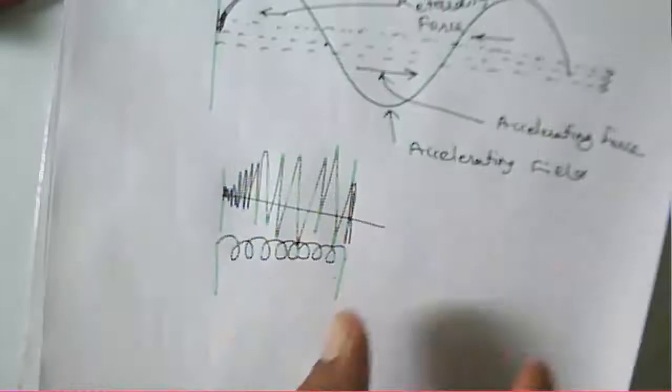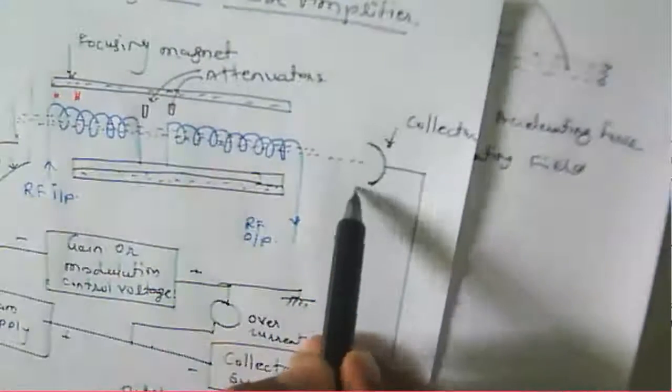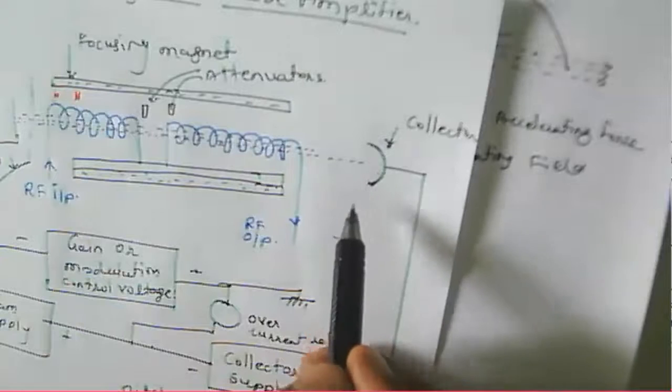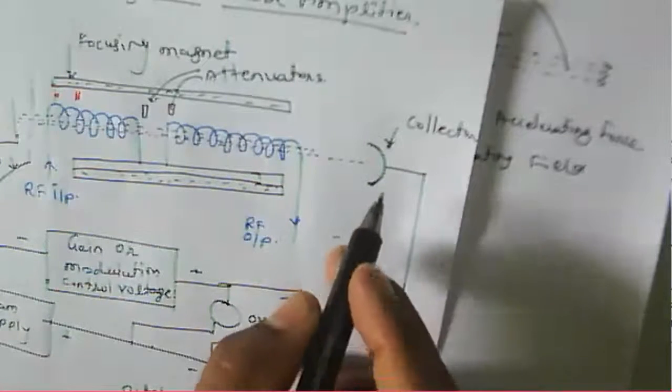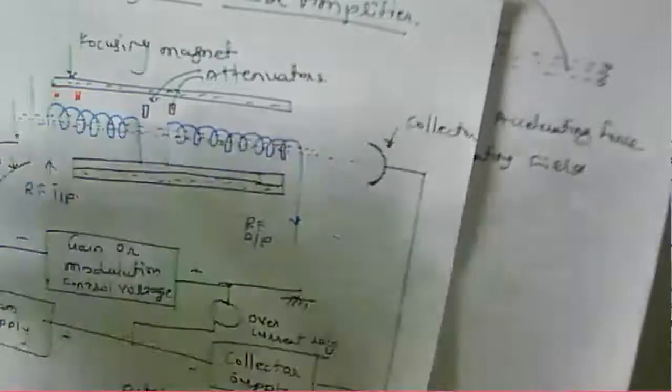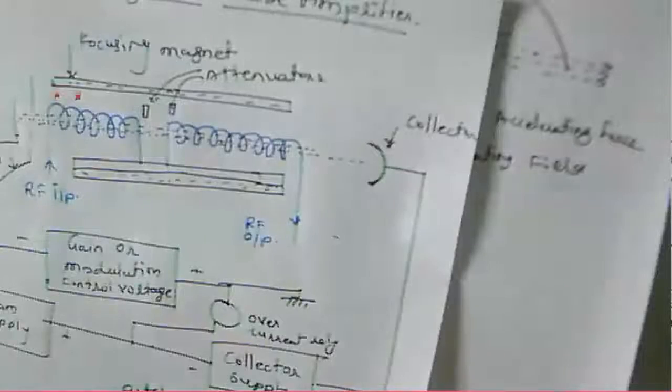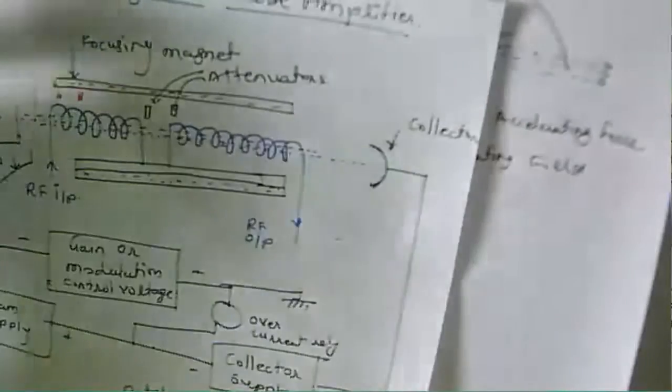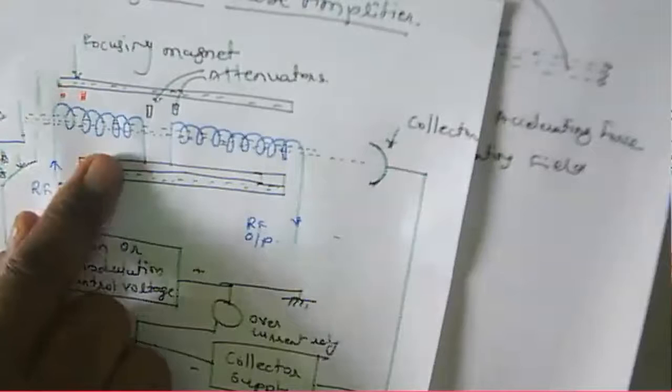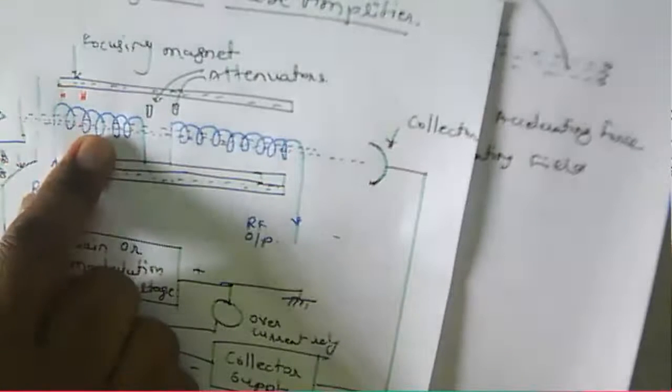And at the end, we have the collector. The collector collects those electrons. So we can consider that at the accelerating field, electrons entering the accelerating field are accelerated.